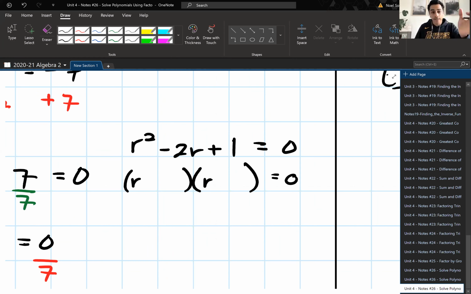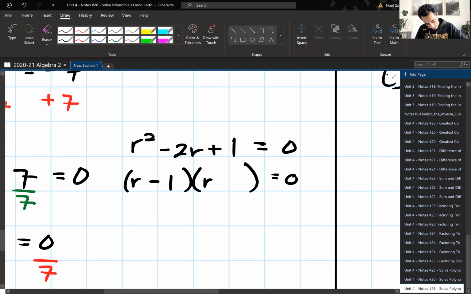Yeah, we want -1 times -1. The product of -1 times -1 is +1, and -1 plus another -1 gives us -2. So this gives us r minus 1 times r minus 1.